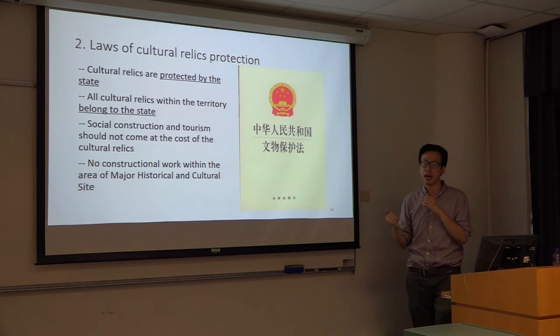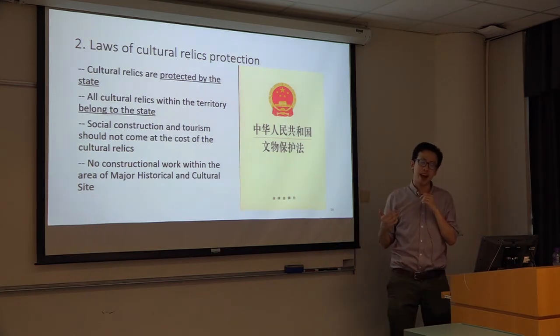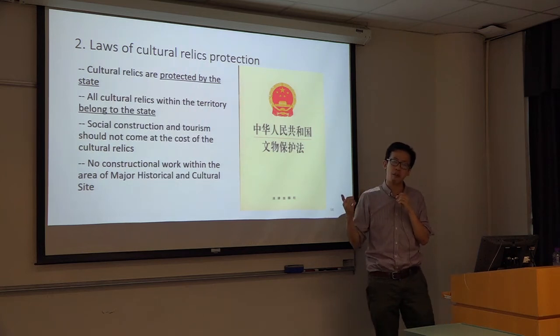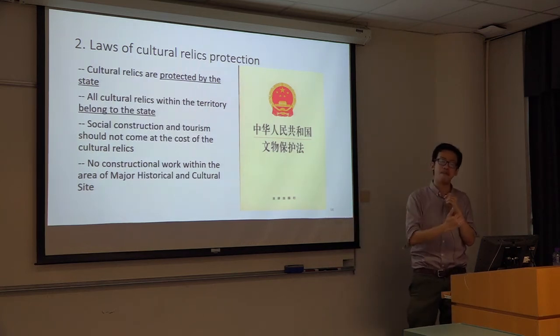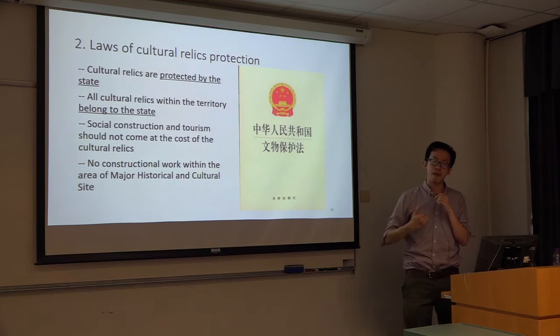For instance, in the US, on private land, the so-called heritage sites or historical buildings basically belong to private owners. So the conservation or protection issue depends completely on the private owner.